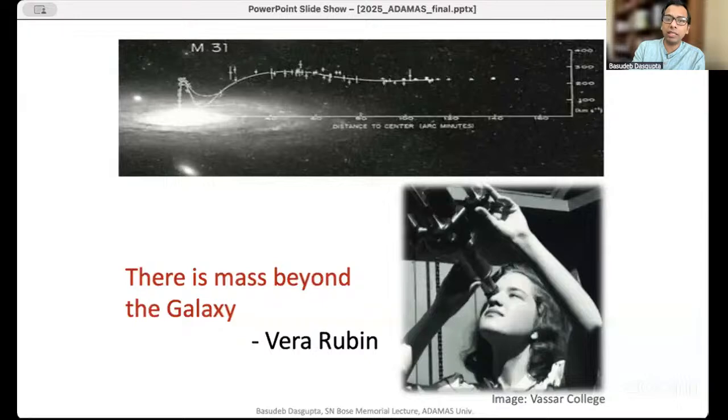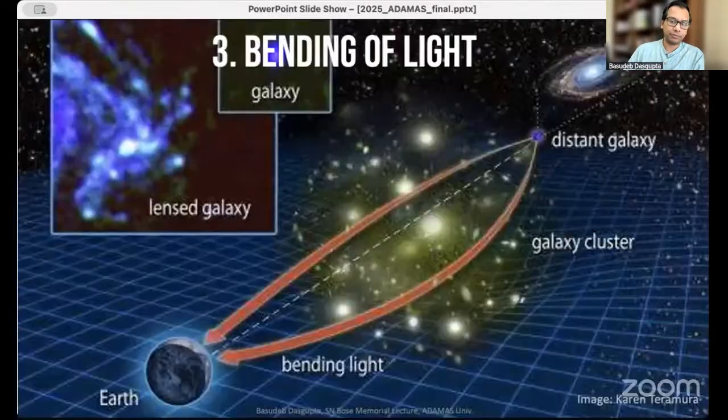And the only way that these stars, which are much further out from the visible edge of the galaxy, could be rotating this fast is if there is matter here that is not being seen. Outside the visible part of the galaxy also, there needs to be some matter that is not being seen, which contributes to the gravitational force, which then gives this large orbital velocity. Okay, so that's the second line of evidence.